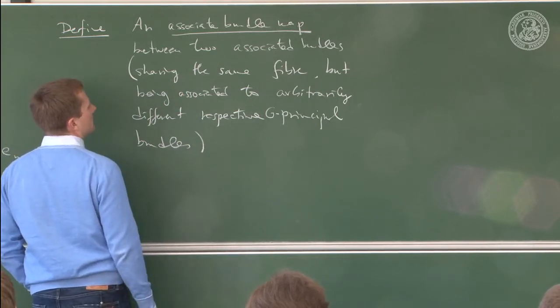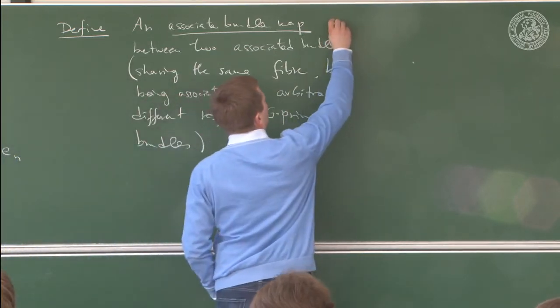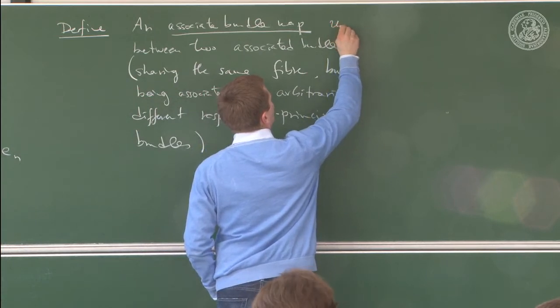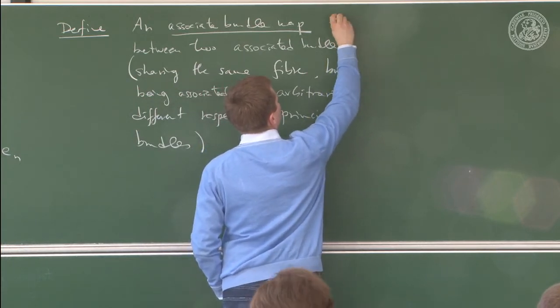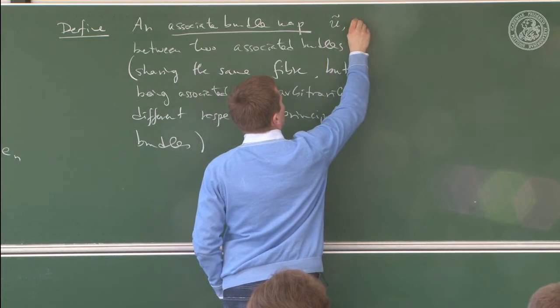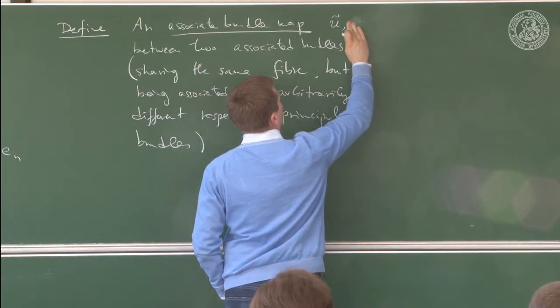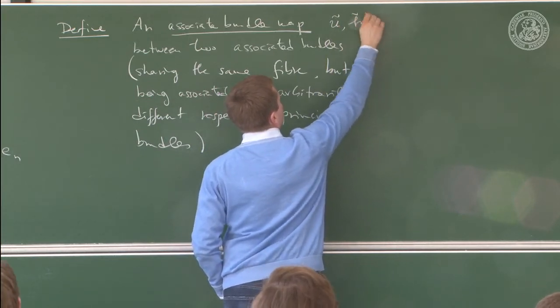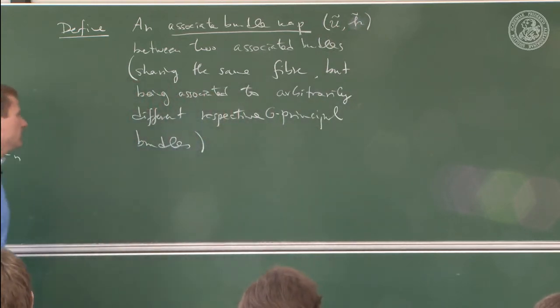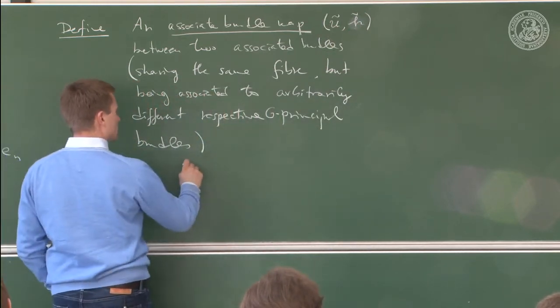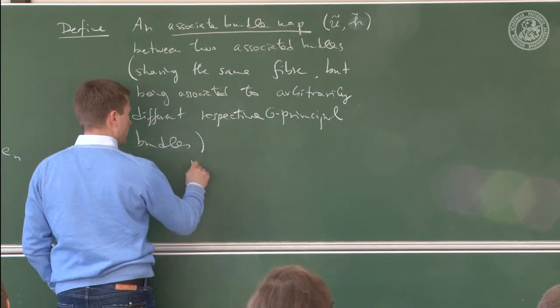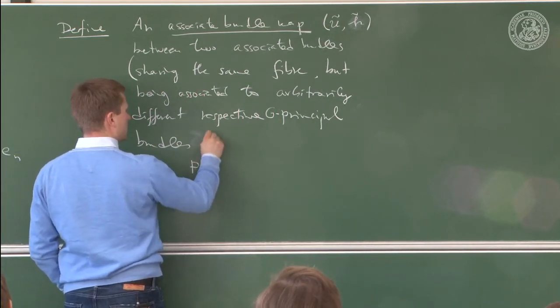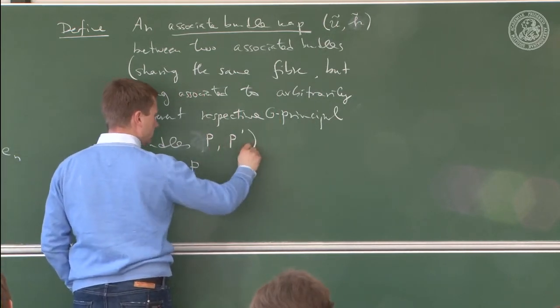An associated bundle map, let's call it (u tilde, h tilde). So let's write it down. We have principal bundles P and P prime.